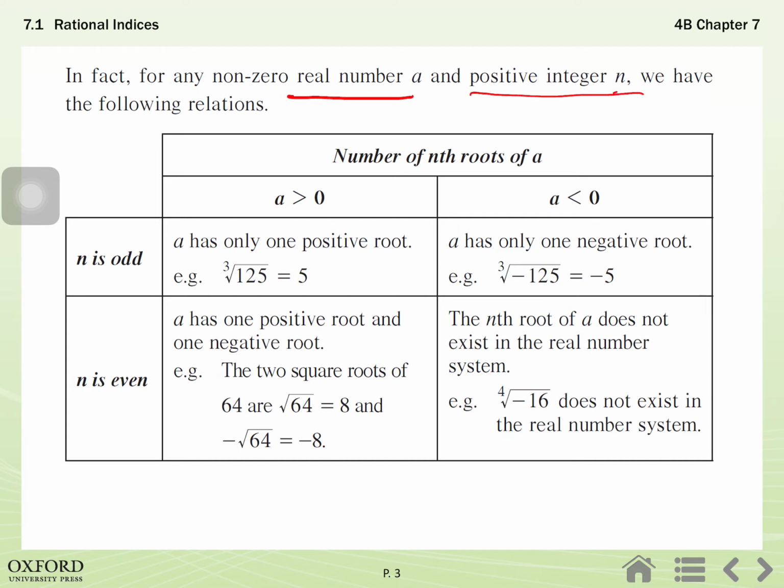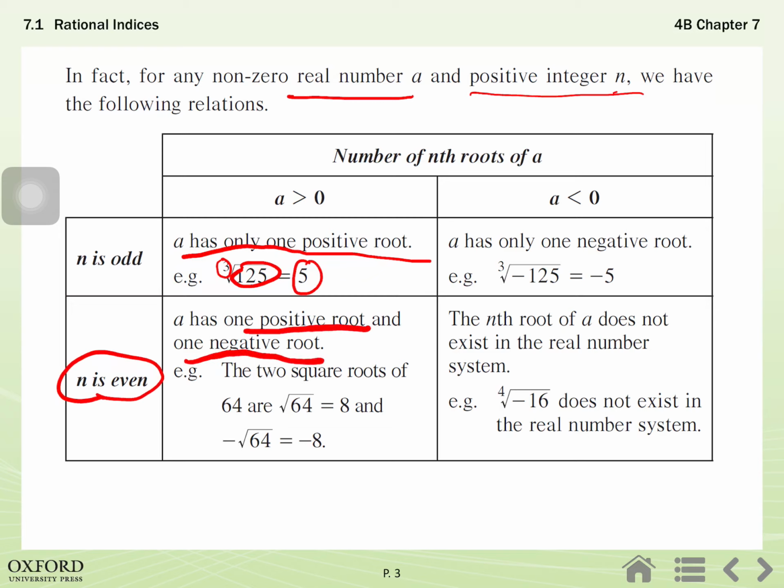for the number of nth roots of a, if a is a positive number, larger than 0, then a will have only one positive root when n is odd. If a is larger than 0, but this time n is even, then we will have one positive root and one negative root.